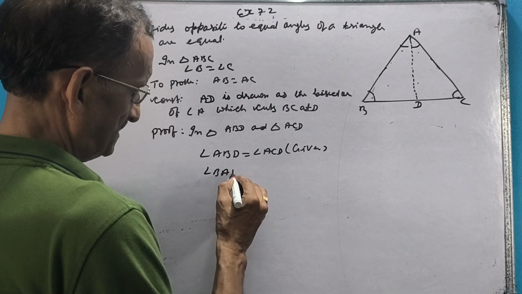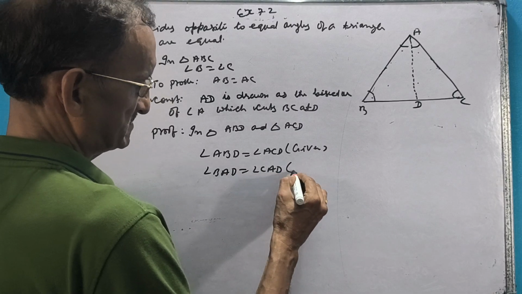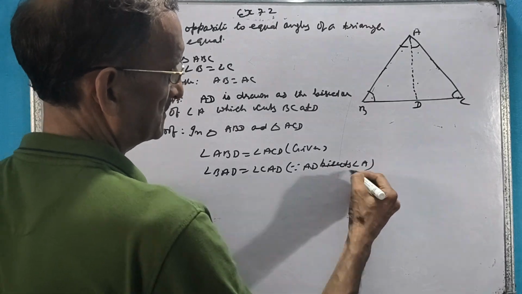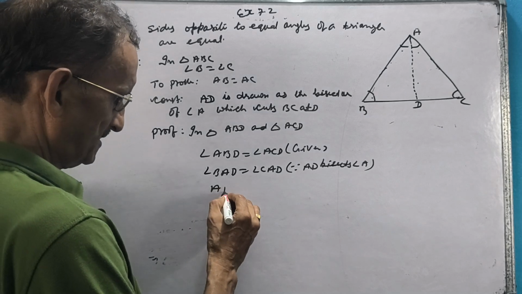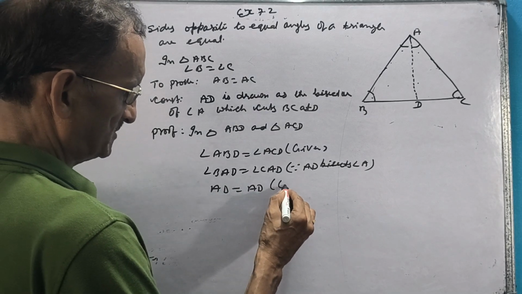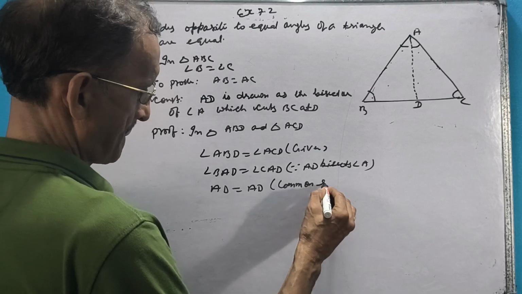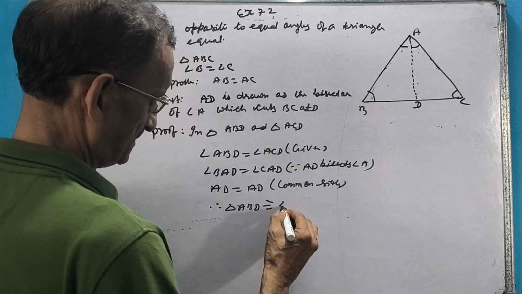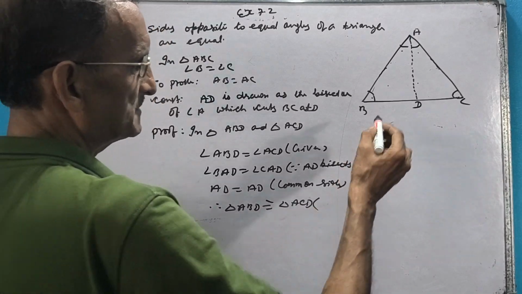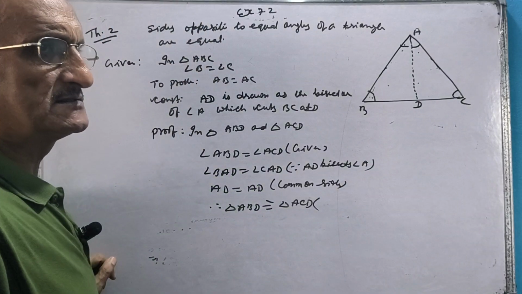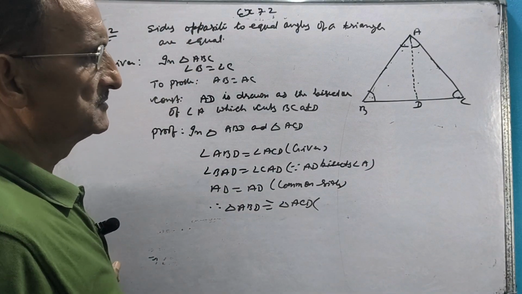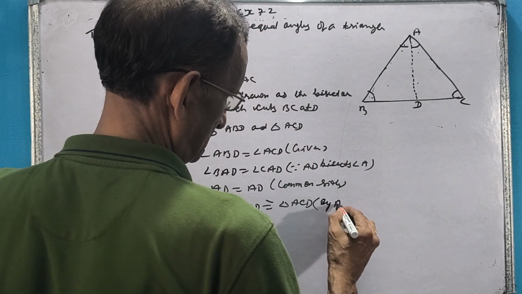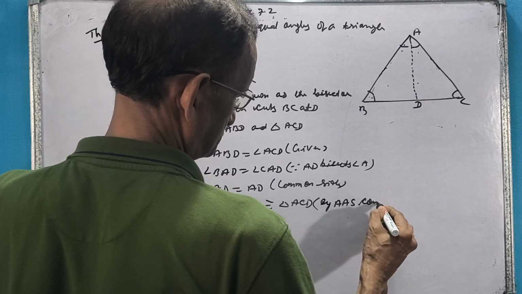Now angle BAD equal to angle CAD, since AD bisects angle A. And AD equal to AD, common side. Therefore, triangle ABD is congruent to triangle ACD, this time by AAS. You know, AAS is almost similar to ASA by the angle sum property. So we can use AAS. So by the AAS congruence rule.